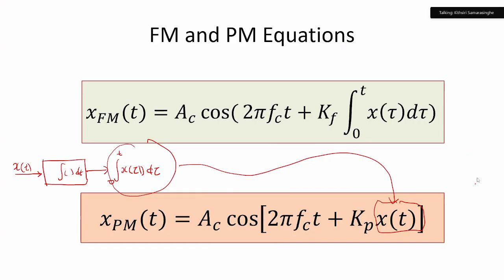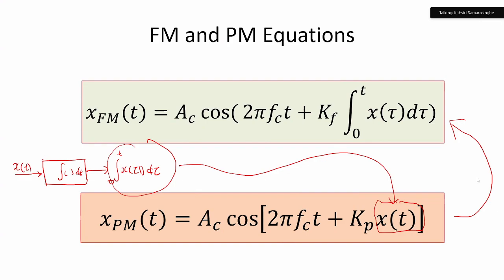From this comparison, you could say, then the output will be FM. So if you have a phase modulator circuit, and instead of feeding x(t) directly as your modulating signal, you integrate x(t) and then feed that signal to the input of the phase modulator, you are getting an FM output from the phase modulator circuit. So this is a way that you can generate FM using a PM modulator.